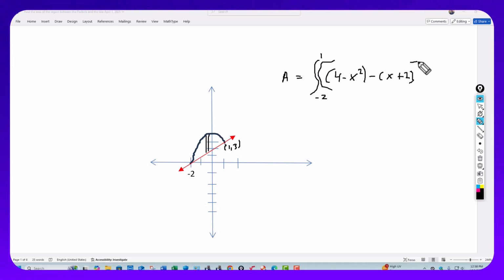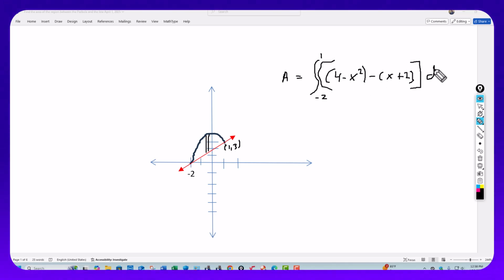So the area of the representative rectangular strip is the length right there, which is this difference here, times the width. It's the area of a rectangle. And then the integration here from minus 2 to 1 just sums up these rectangular strips and gives me the area.